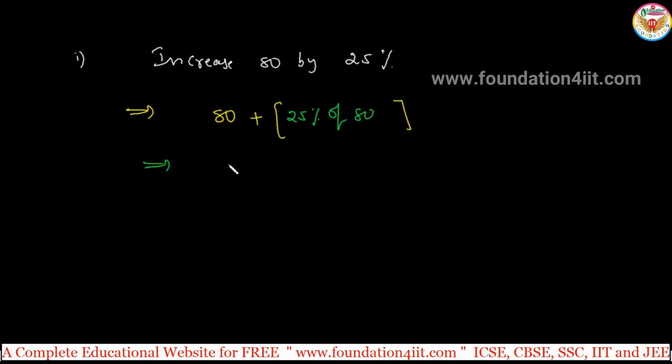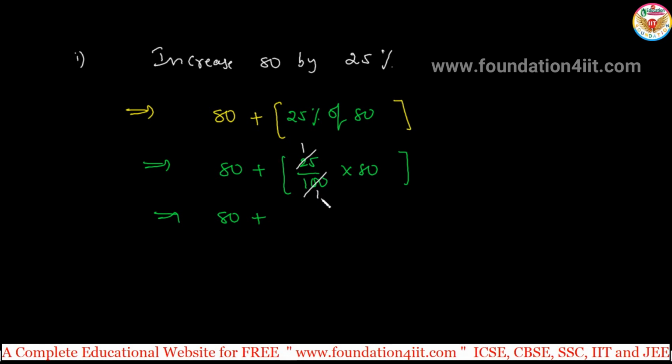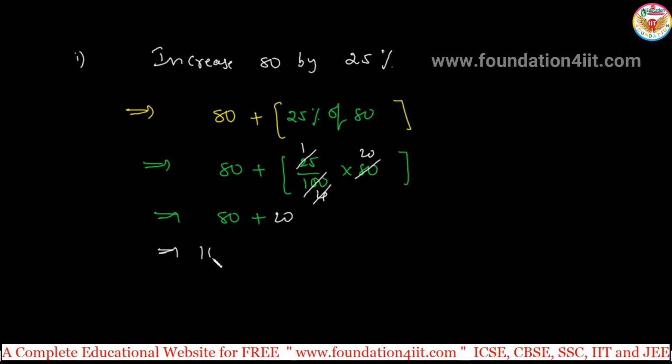You can calculate this: 80 plus 25% of 80, that is 25 by 100 into 80. Simplify here: 25 times 4 is 100, so 4 into 20 is 20. So 80 plus 20 is 100. Increase 80 by 25% is 100.